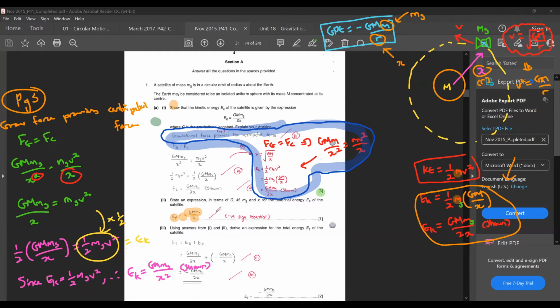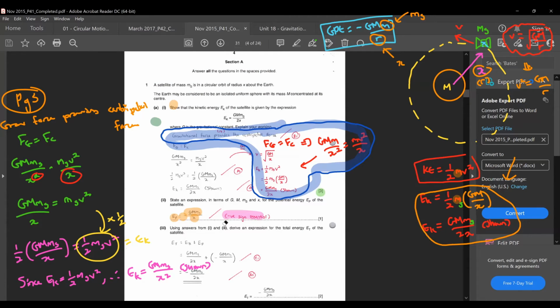All right. So negative GMMs over X. As I mentioned to you, gravitational potential energy, because it's a scalar, if you have a negative sign, it's actually an indication of your value. You need to have it inside all the time. So this negative sign must be inside. Otherwise, it will be marked as incorrect. Okay, so that one is for this.